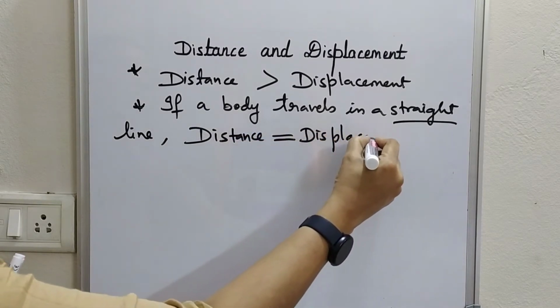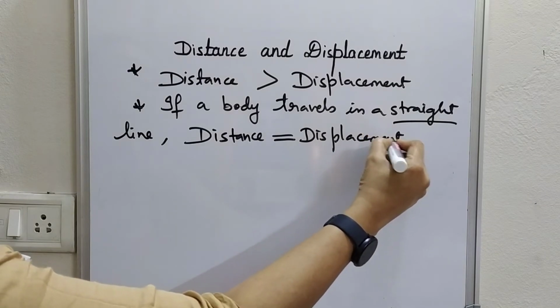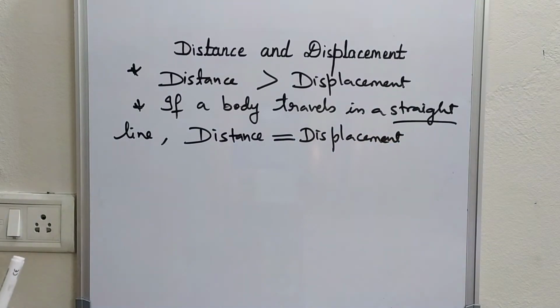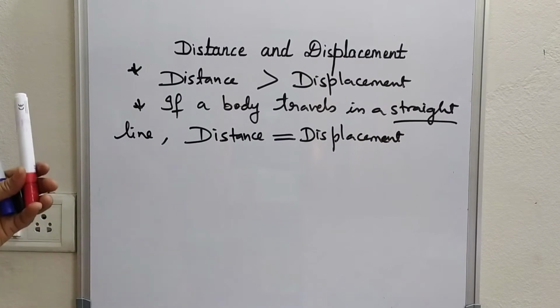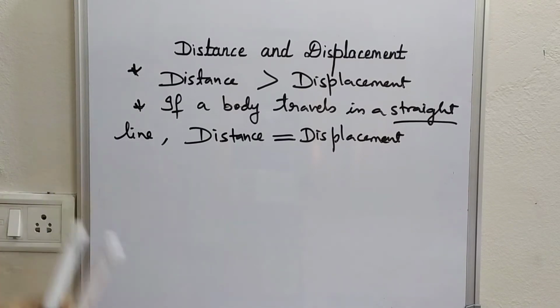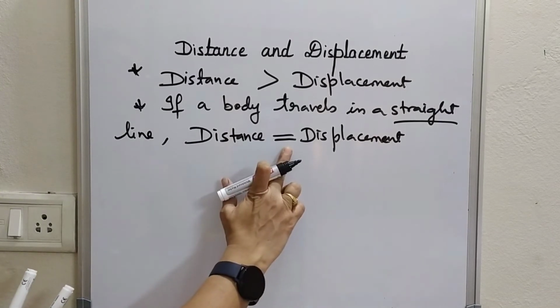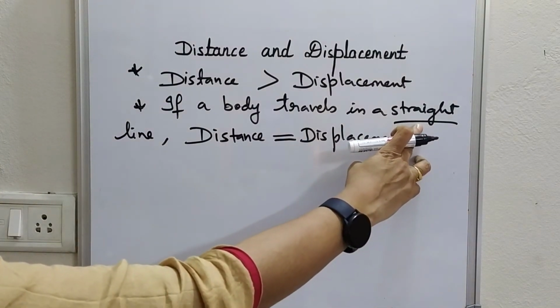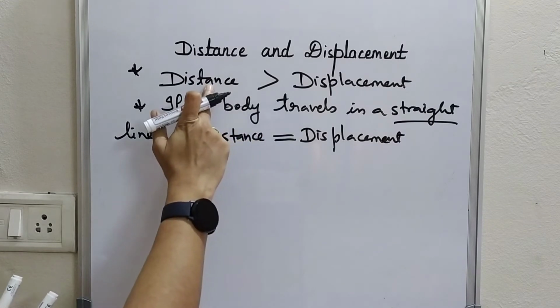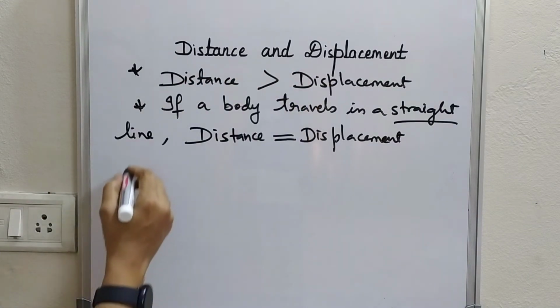This is a nice 1 mark question that appears many times in the exams. When is distance and displacement same? Or sometimes they ask us, when is speed and velocity same? So distance and displacement will be equal to each other if a body travels in a straight line. But in general, distance is always greater than displacement.